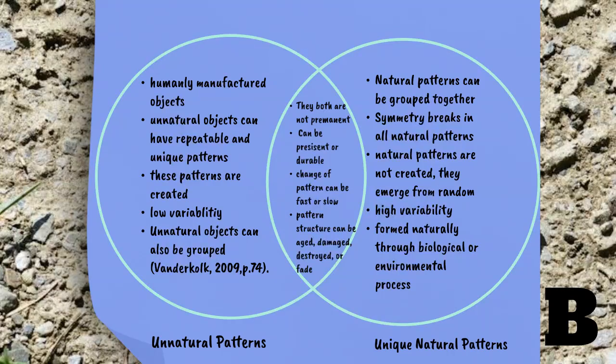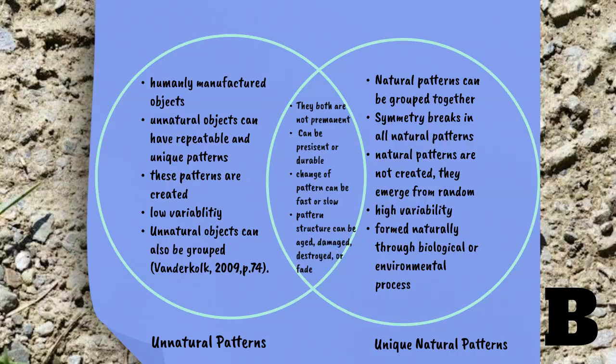What we also notice is that although unnatural patterns and natural patterns have their differences, they do have some similarities. They both are not permanent. They can be persistent or durable, but the pattern can always change.